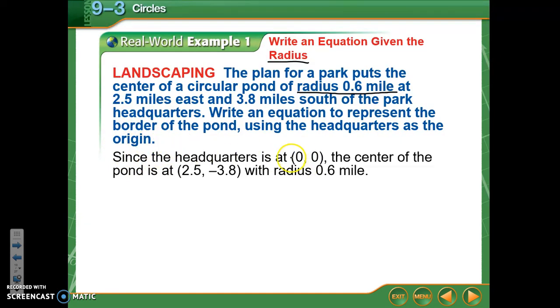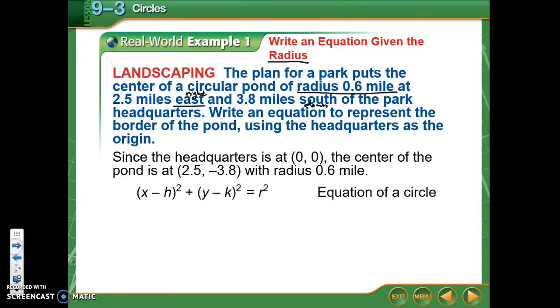Right? The headquarters we're going to assume is at (0, 0). So the center of my pond is 2.5 to the right, because it said 2.5 miles east. So if we're thinking about the xy plane, that would be to the right. And 3.8 miles south, that would be down from the park headquarters, which we're assuming is at (0, 0).